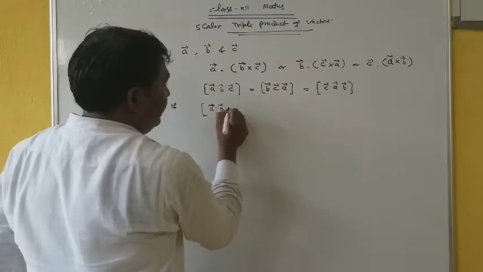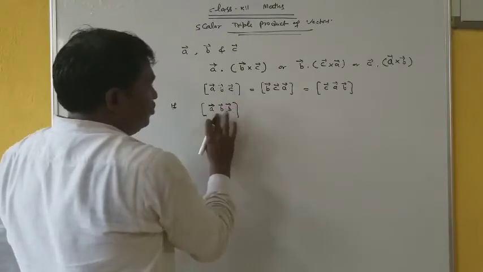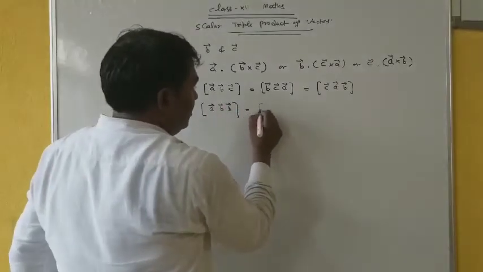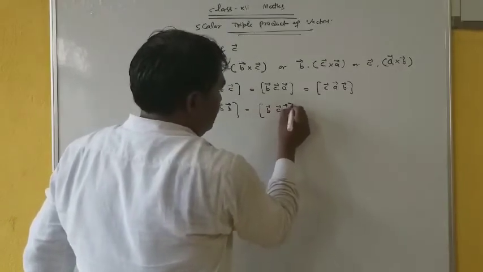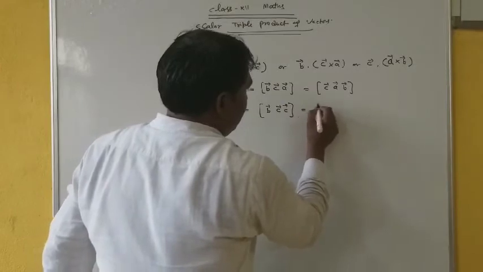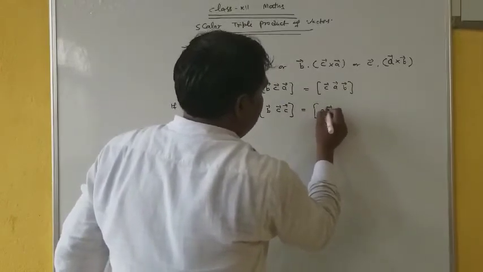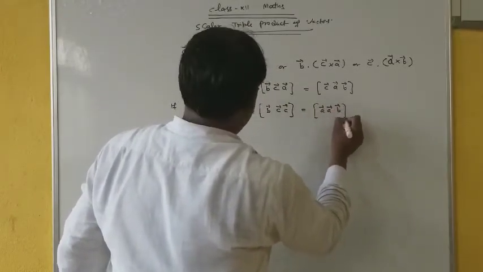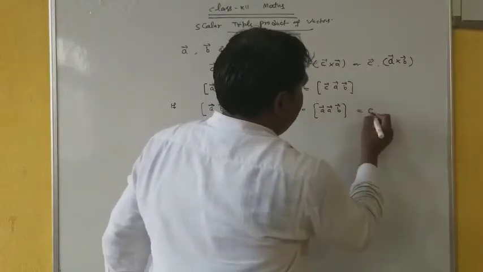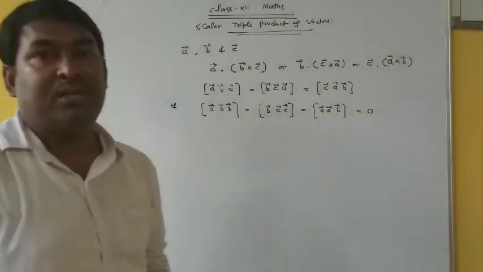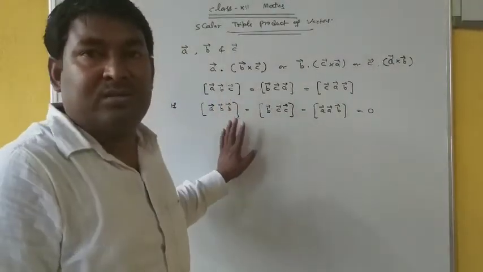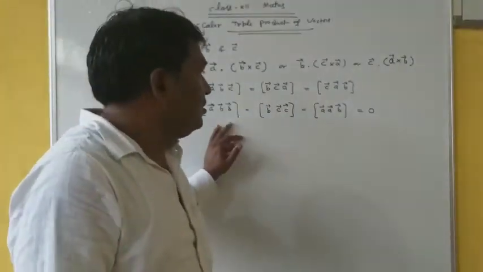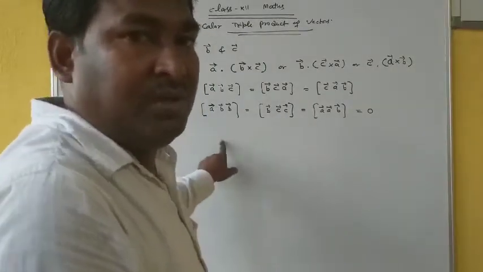Like A, B, B, here two vectors are the same. Or like B, C, C. This one also. Like A, A, B. These all will give you 0. Most important property: if in a scalar triple product any two vectors are the same, then the result will be equal to 0.